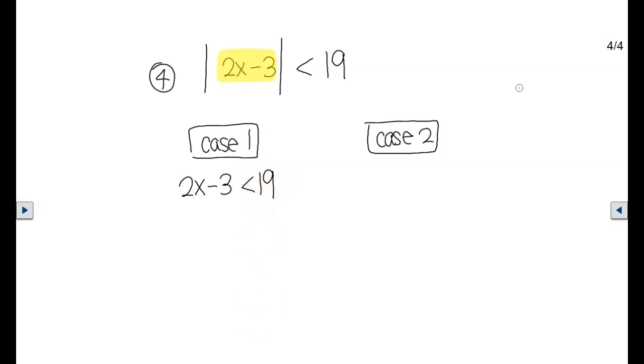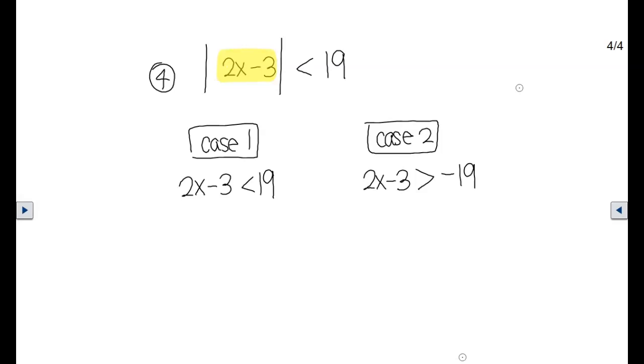Notice the one thing you don't change. You do not change the first part of the problem. So it's still going to start out with 2x minus 3, but I'm going to change less than to greater than, and I'm going to change positive 19 to negative 19. So take case 1 and change the two things that you were allowed to change, the inequality sign and that final number.